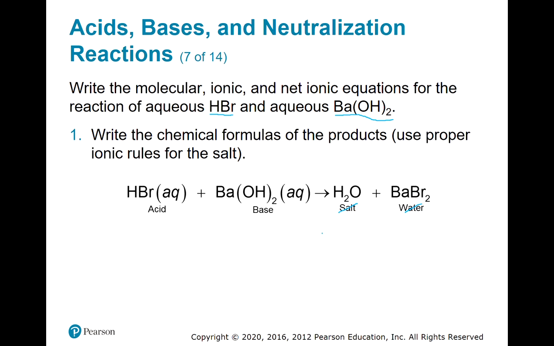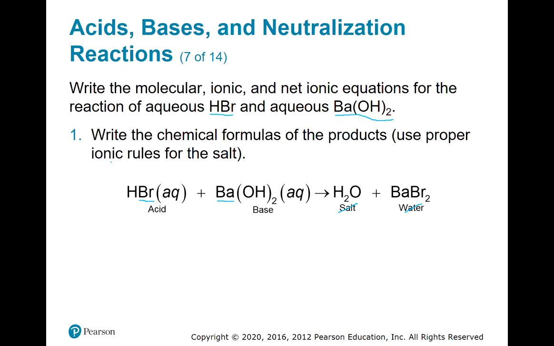I apologize for that. But, of course, H2O is water, and then barium hydroxide is our base, so the cation from this combined with the anion from our acid, so the non-H+ part of our acid, which is Br-, is going to give us the salt, which is barium bromide. Barium is 2+, bromide is -1, so we need 2 bromides for each barium in that salt.